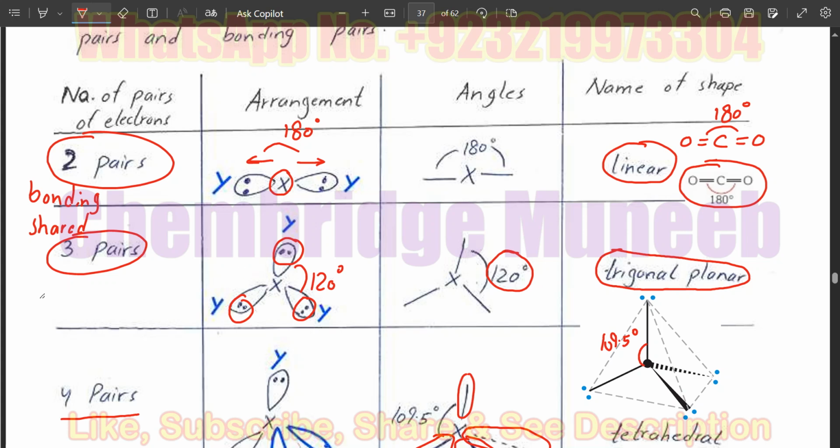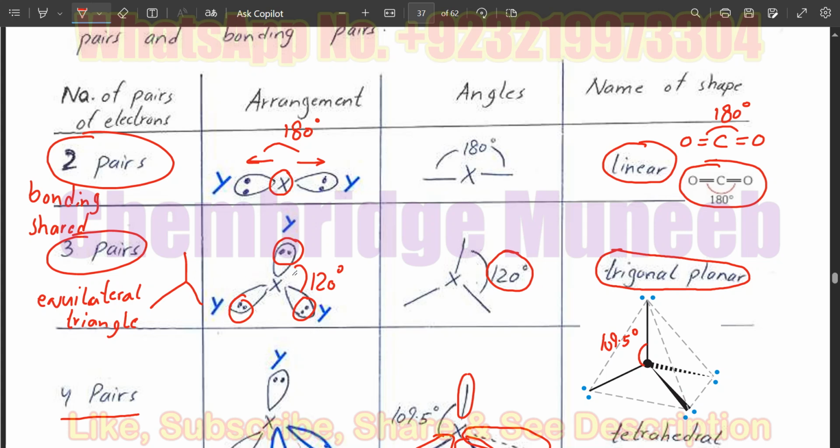I hope you have heard the name equilateral triangle. Have you? Yeah. So it is just like an equilateral triangle where there are 3 corners and they are at equal angles.